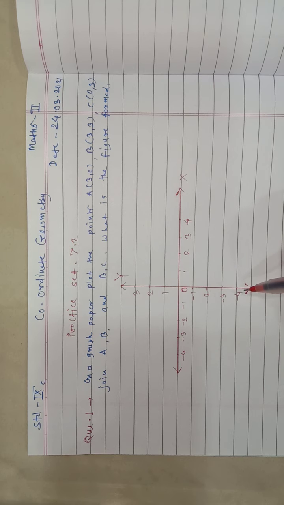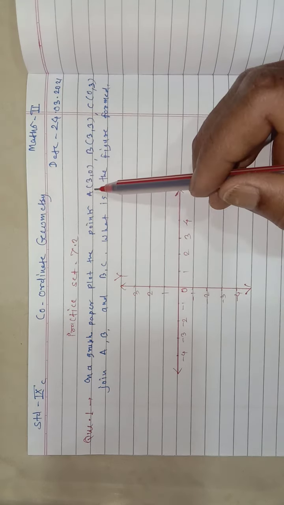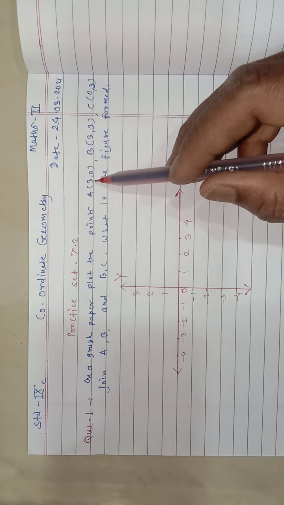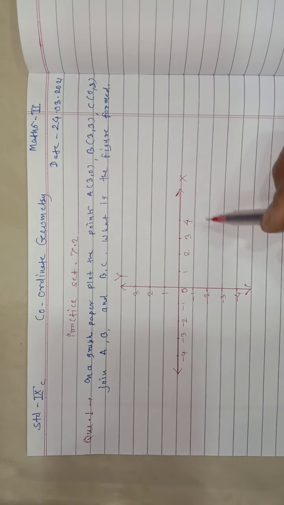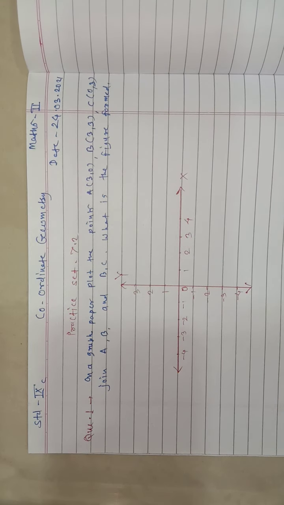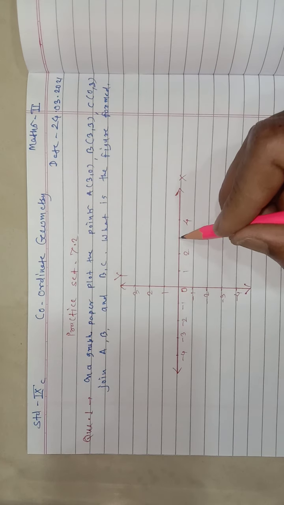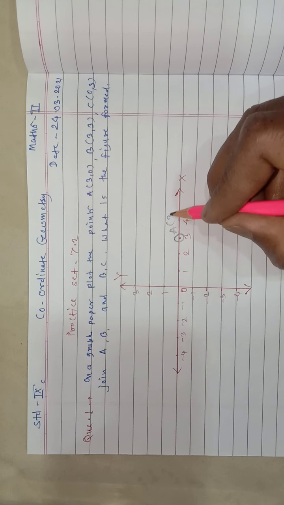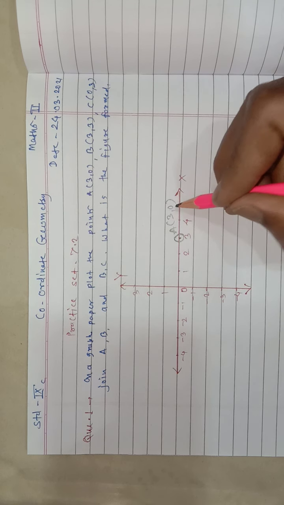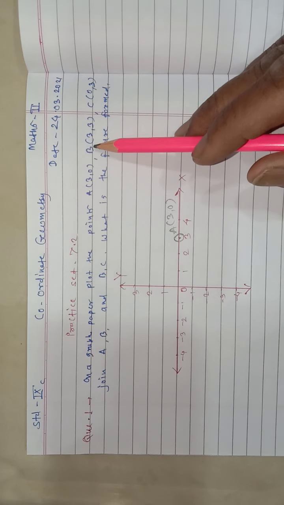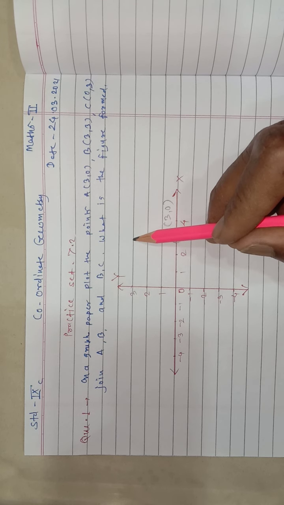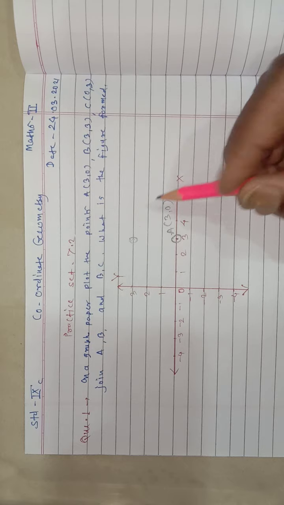We plot the point A(3, 0), meaning the x coordinate of A is 3 and y is 0. Then we plot the point B(3, 3), meaning the x coordinate is 3 and the y coordinate is also 3.